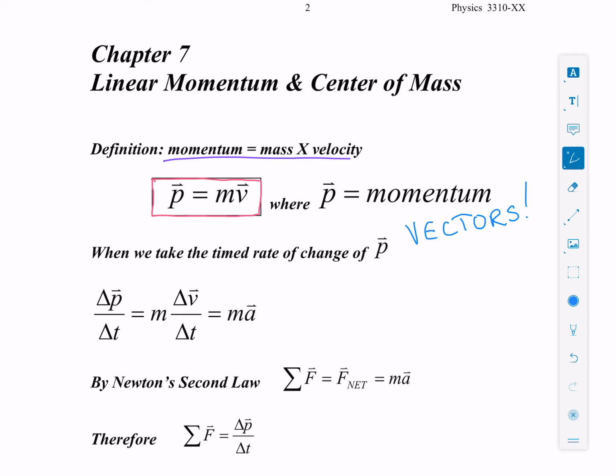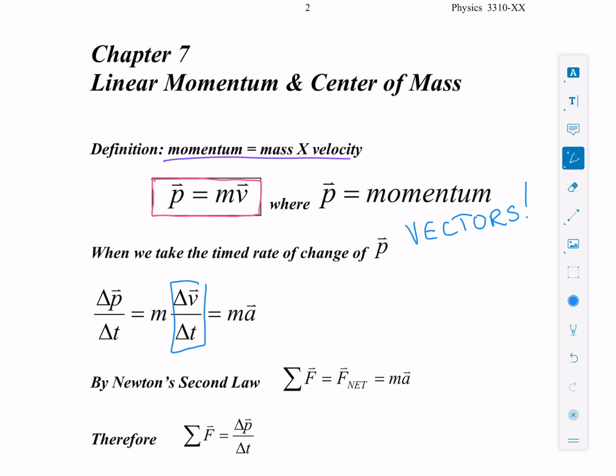The other thing we can talk about is what if we take our definition, momentum equals mass times velocity, and we take the time rate of change, which just means we divide by delta t? What happens is our delta p over delta t is therefore m times delta v over delta t. This is acceleration.